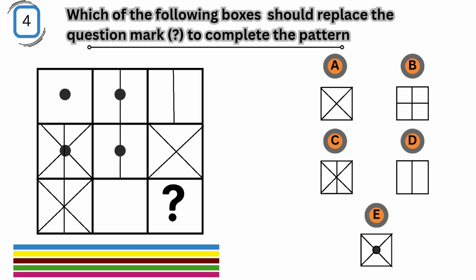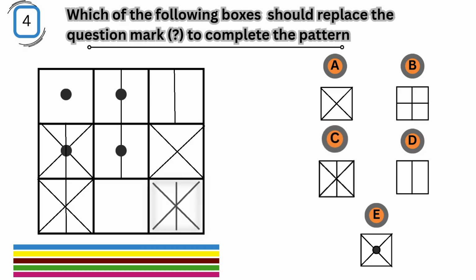If we combine the first box with the second box, which happens to be blank, it simply reproduces the first box. By applying this rule consistently, we can determine what the missing box must look like in order to satisfy both the row and column conditions. Therefore, the only option that fits this logic is option C, making it the correct answer.